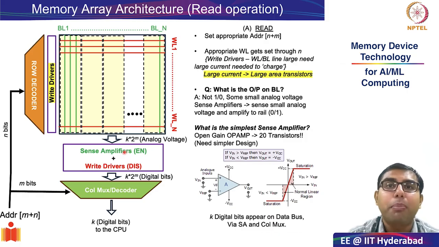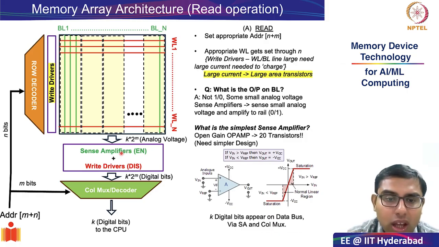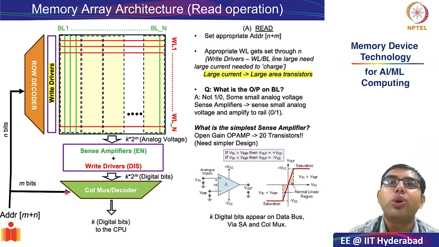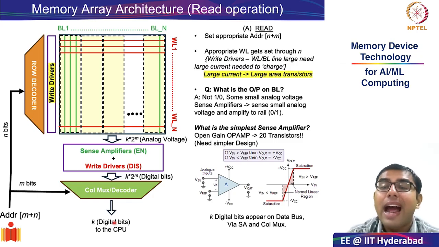The job of the sense amplifiers is to pin these values either to 0 or 1, and through the column mux, which has its select lines connected to the address, one of the 2 to the power of m columns from each page is then routed to the data bus through the column mux.